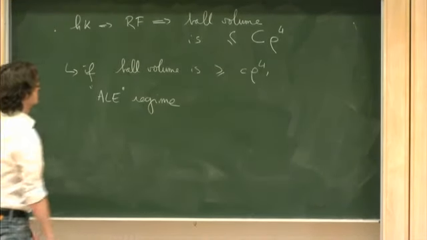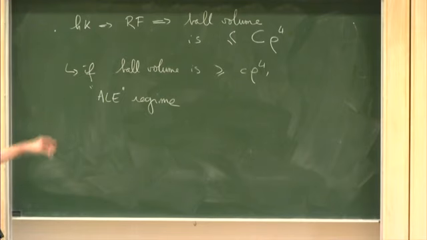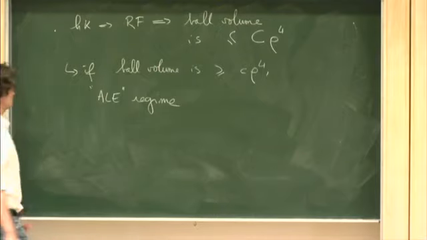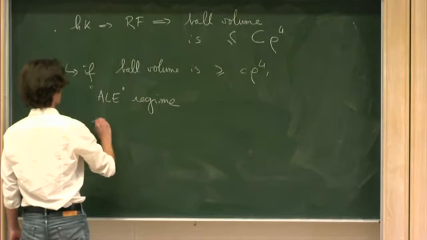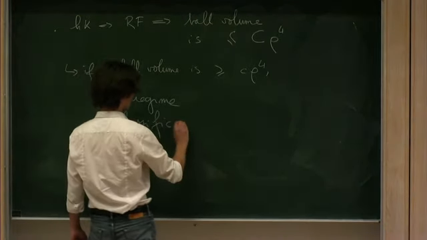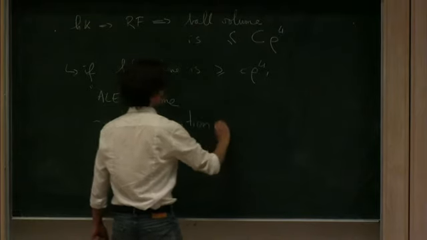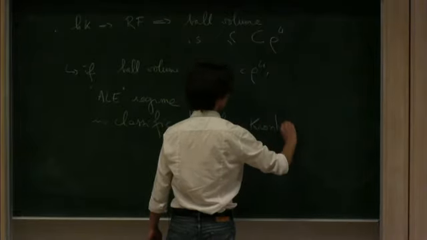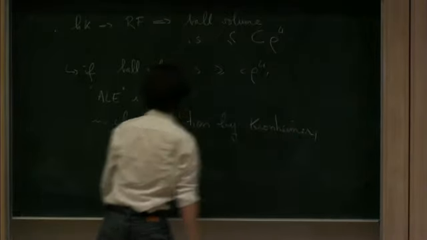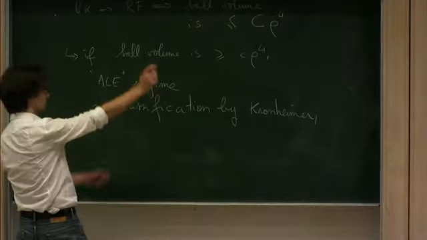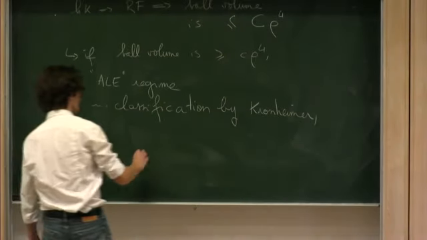And actually, those particular spaces, those ALE gravitational instantons, are very well understood, as they are all classified by Peter Kronheimer, who also gives an exhaustive construction by hyperkähler quotient.